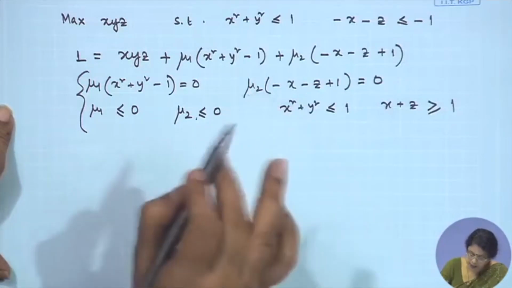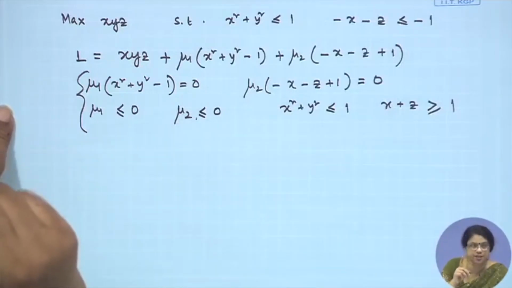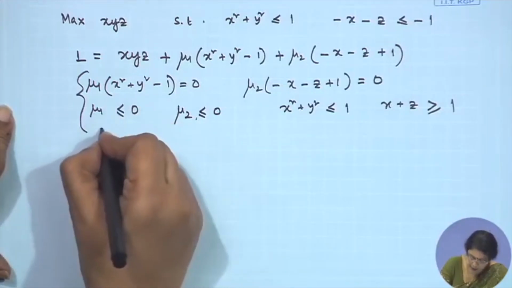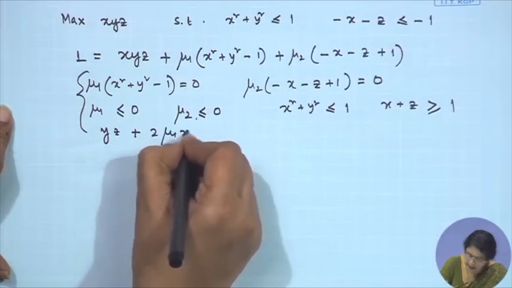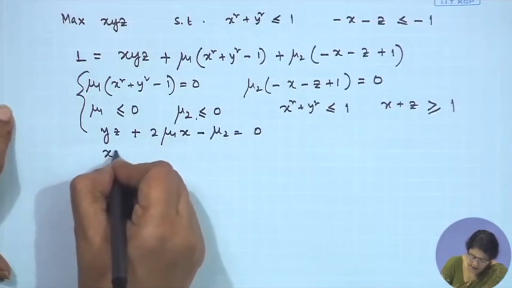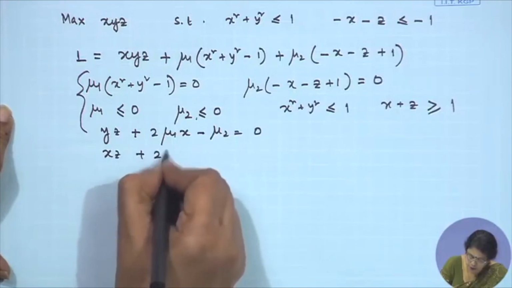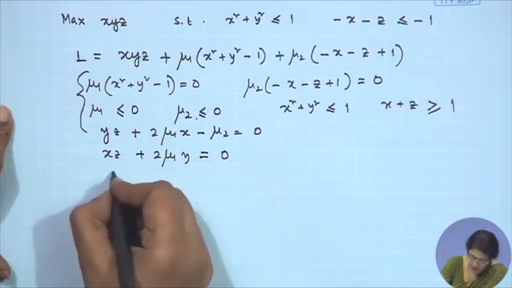Oh, I did not do that, the optimality conditions. We can have a set of optimality conditions: yz plus 2 mu 1 x minus mu 2 is equal to 0, xz plus 2 mu 1 y is equal to 0.